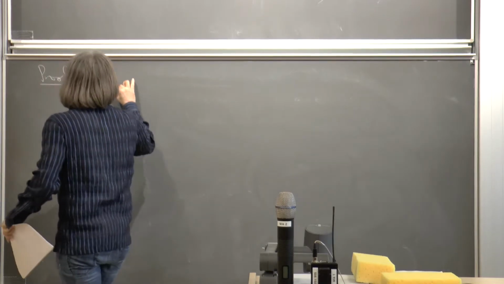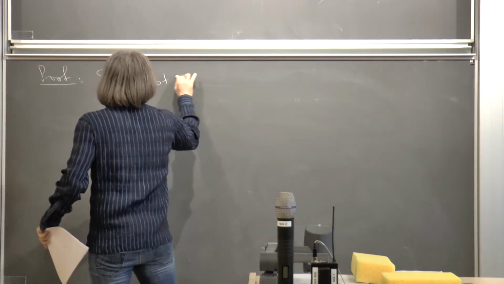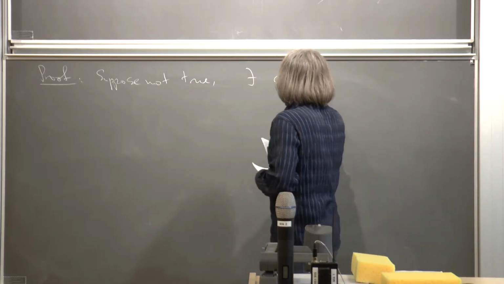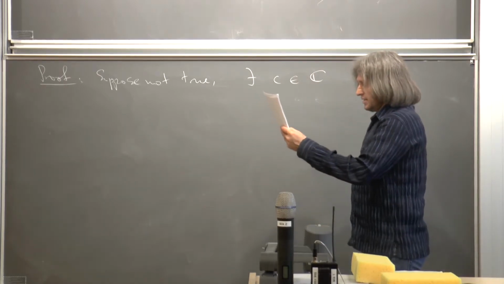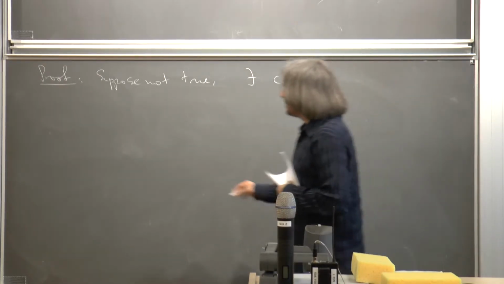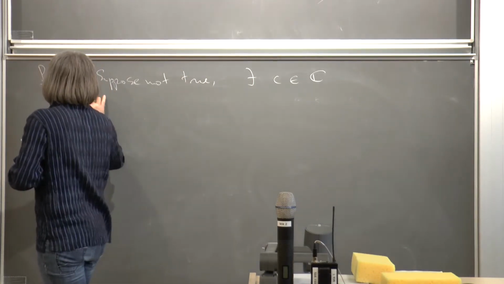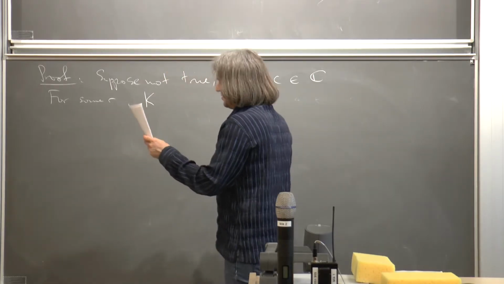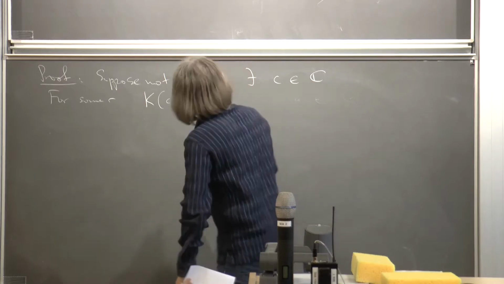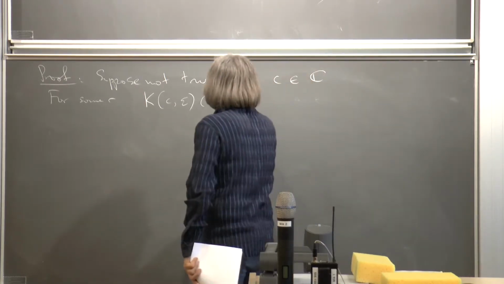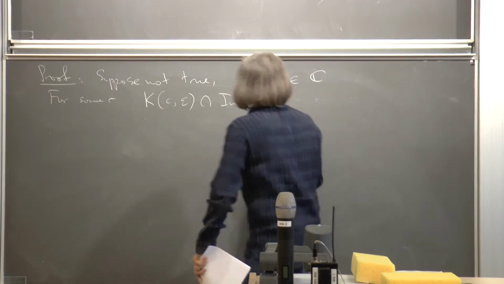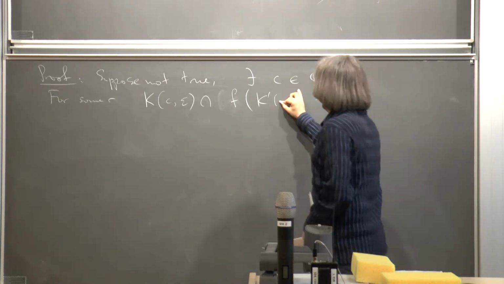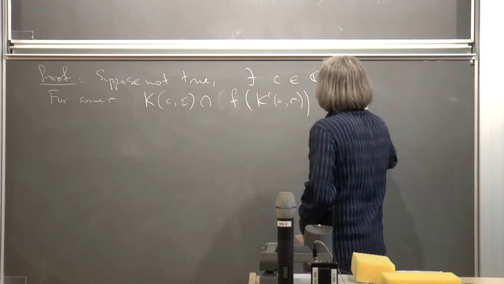Suppose not true. Suppose there is a complex number c such that for some R, the intersection of a disk of radius epsilon around this point and the image of some punched disk is empty.